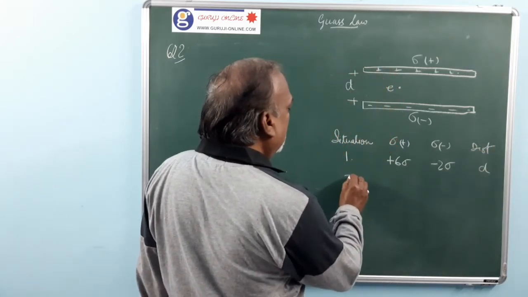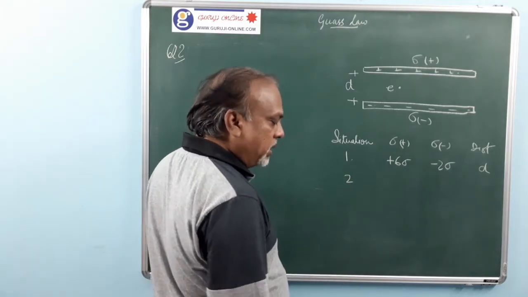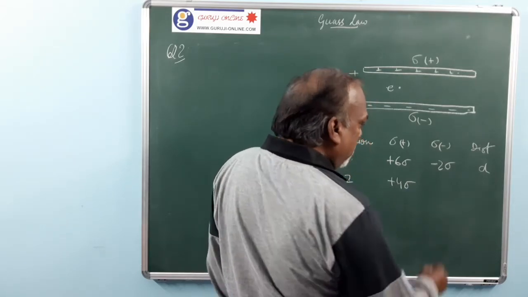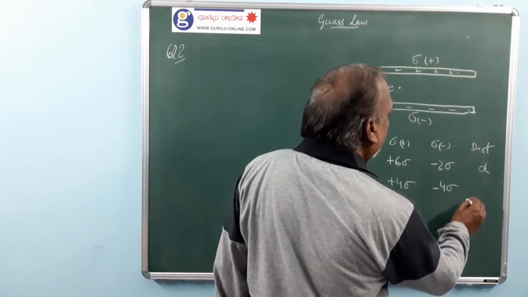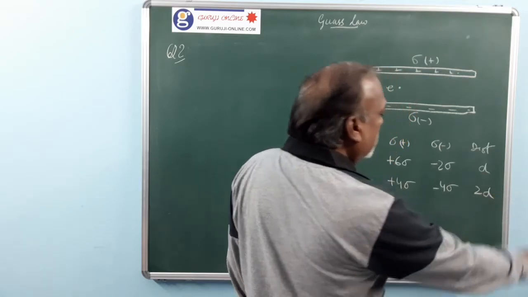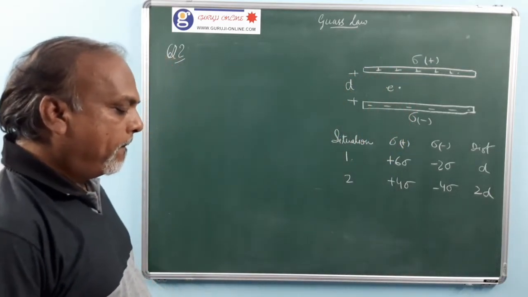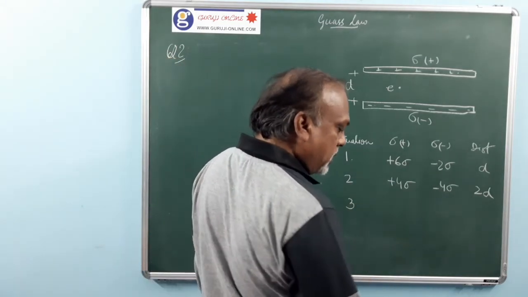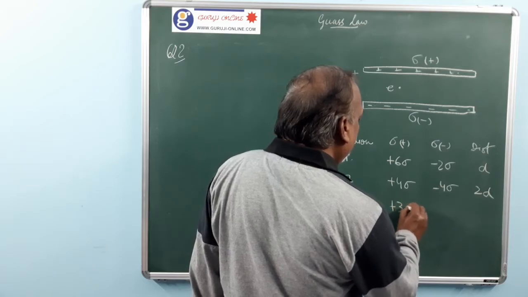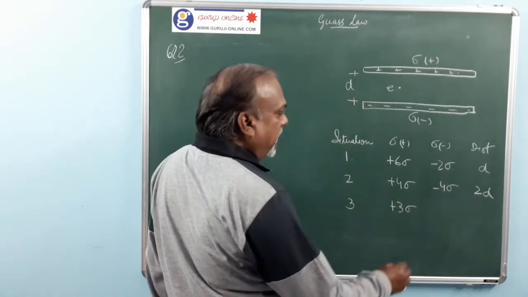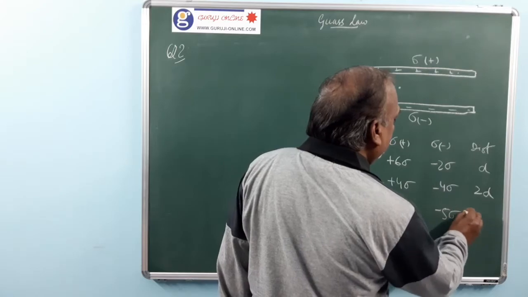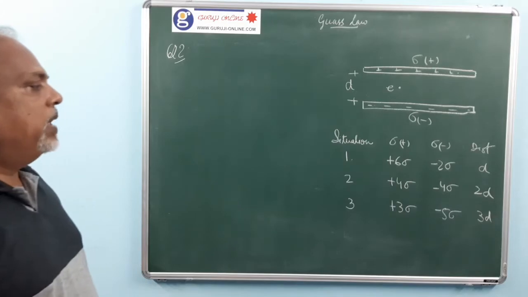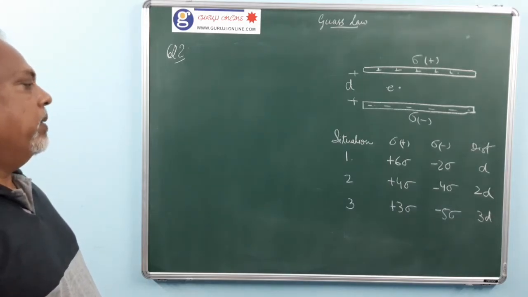In the next situation, it is plus 4, minus 4, and now the distance is 2d. In the third situation, it is plus 3, it is minus 5, and the distance between the plates is 3d.